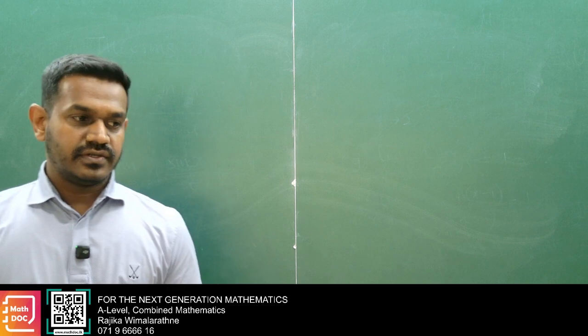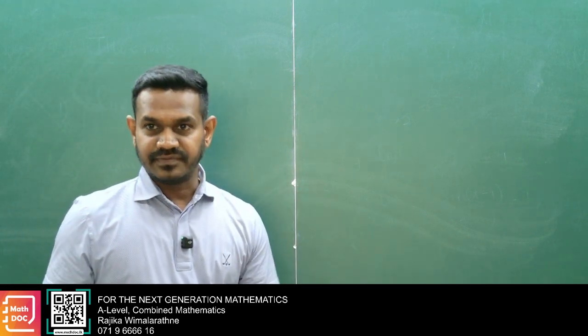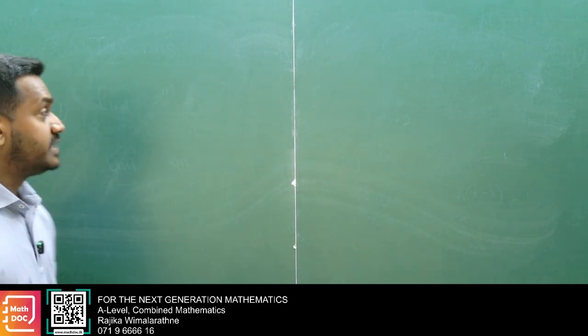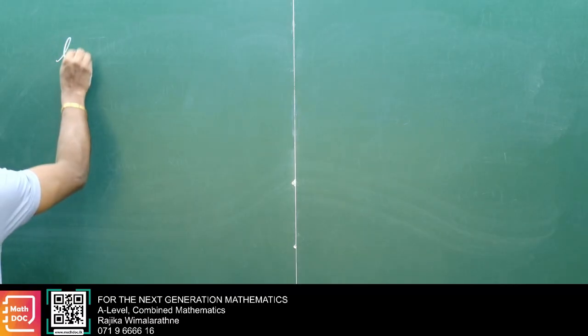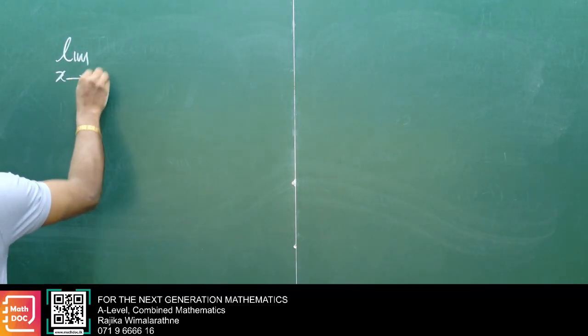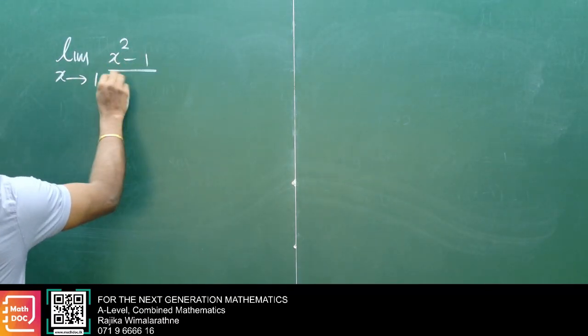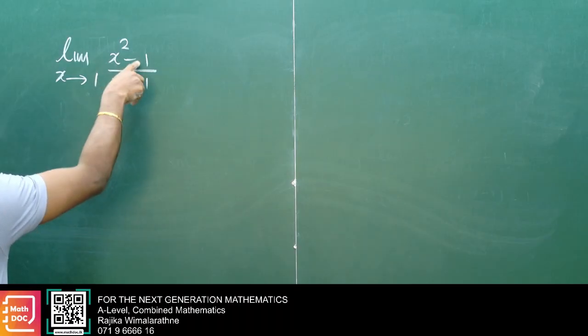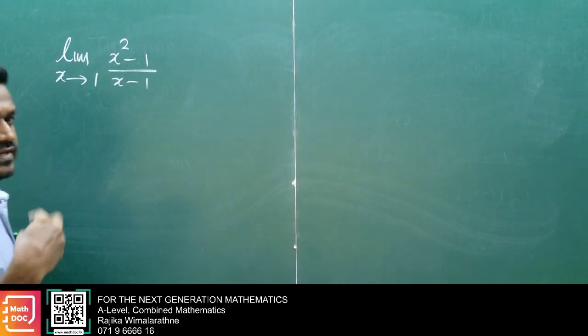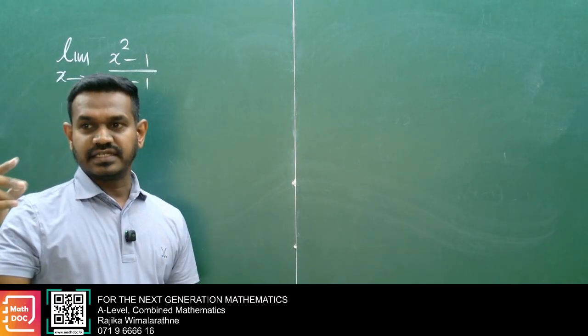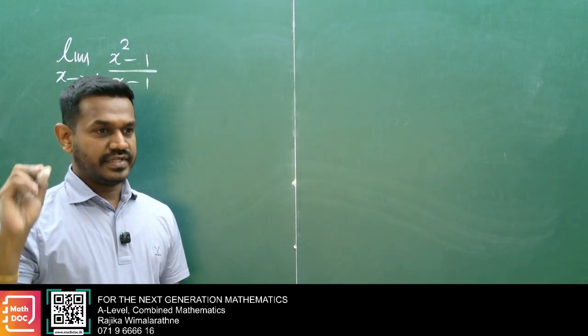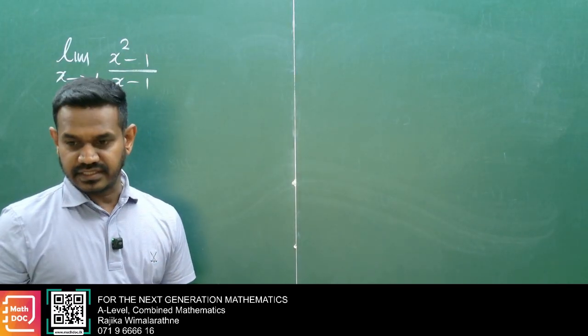So there can be this type of question for your term test. Very simple type. See this: limit as x goes to 1 of (x square minus 1) over (x minus 1). When you substitute 1, it is 0 by 0. Then the division we call a rational function type with 0 divided by 0 undefined relation.